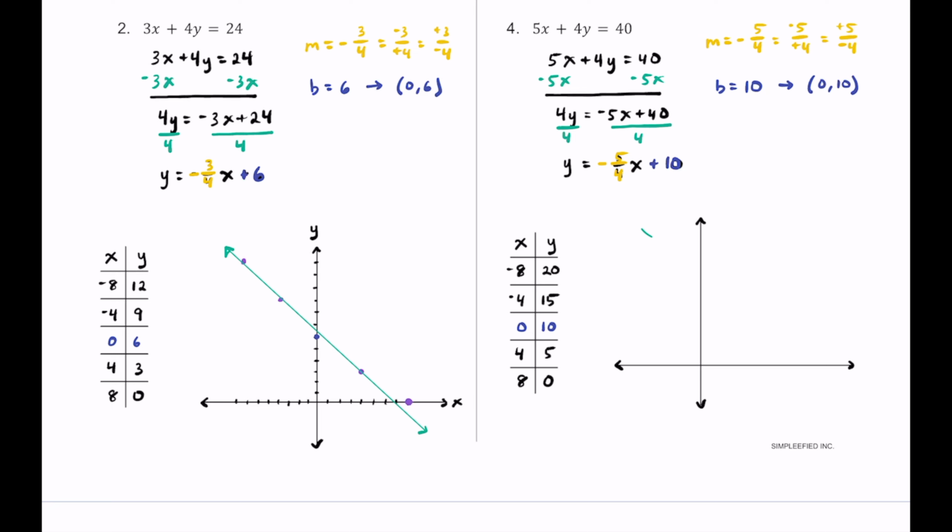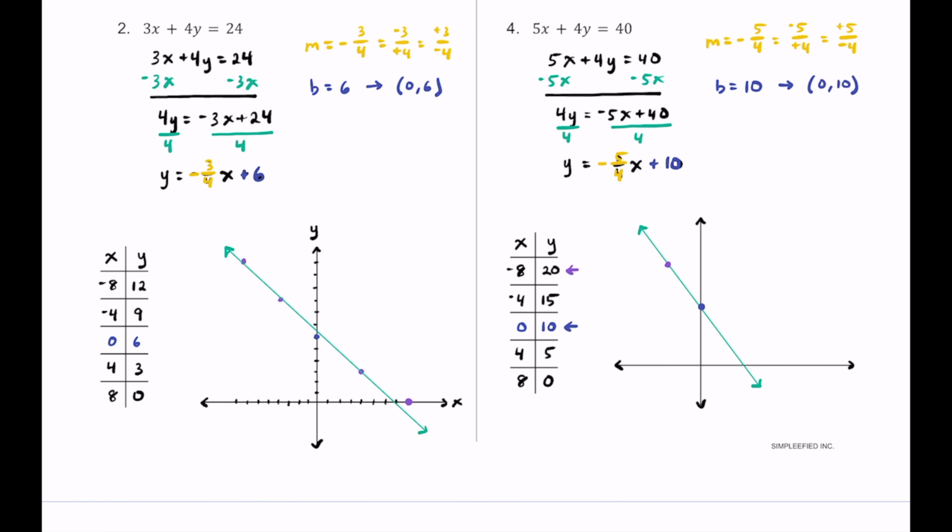Again, for this graph, I'm going to make another rough sketch here. Okay, so let's go ahead and do something along the lines of this. And I'm going to go ahead and throw some arrows on this. So I'm going to start with the 0, 10 because it's easiest. That's along the y-axis. Okay, and then moving over to this -8, 20. That's maybe something like here.